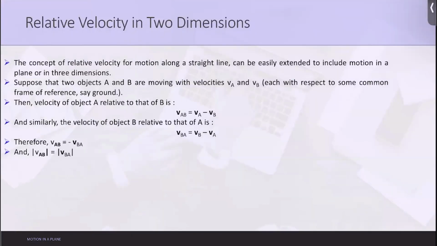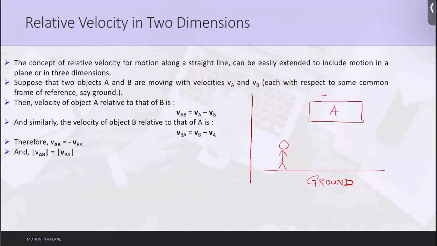When we started understanding relative velocity in a single dimension, we said let us suppose this is an object A, and we are standing on the ground. Let us suppose it has some velocity denoted by V_A, and object B also has some velocity V_B.